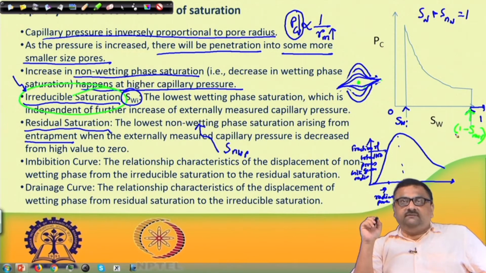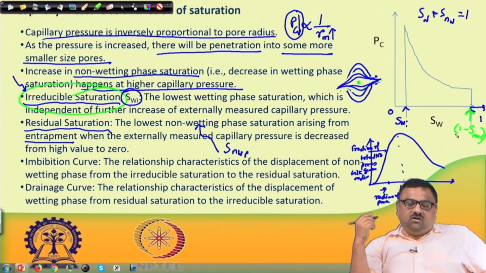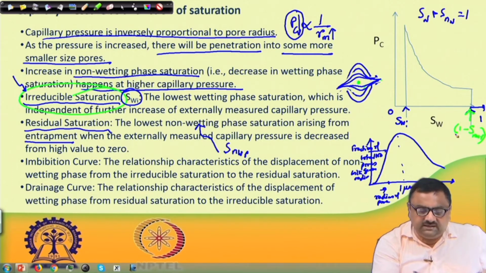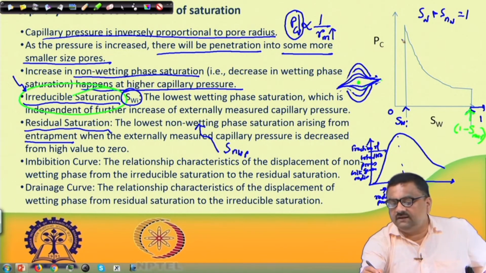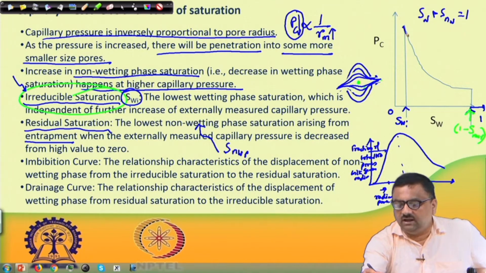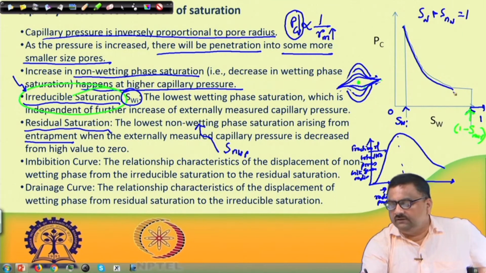So, this is the residual saturation, and there is this imbibition curve which gives the relationship characteristics of the displacement of non-wetting phase from irreducible saturation to the residual saturation. Irreducible saturation is this SWI to this one.